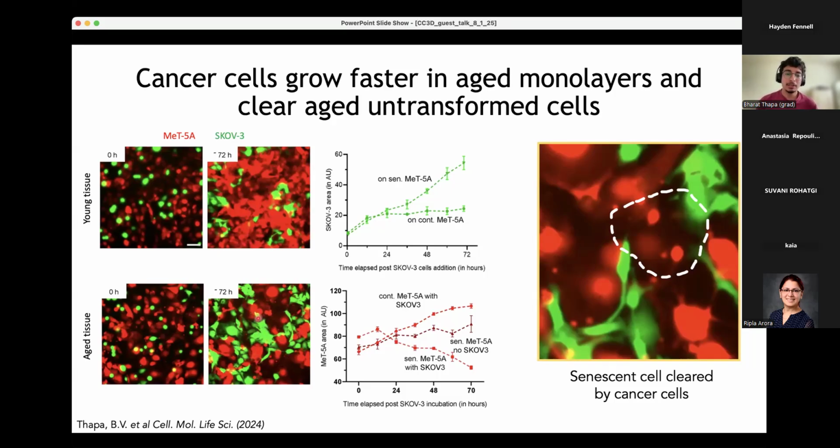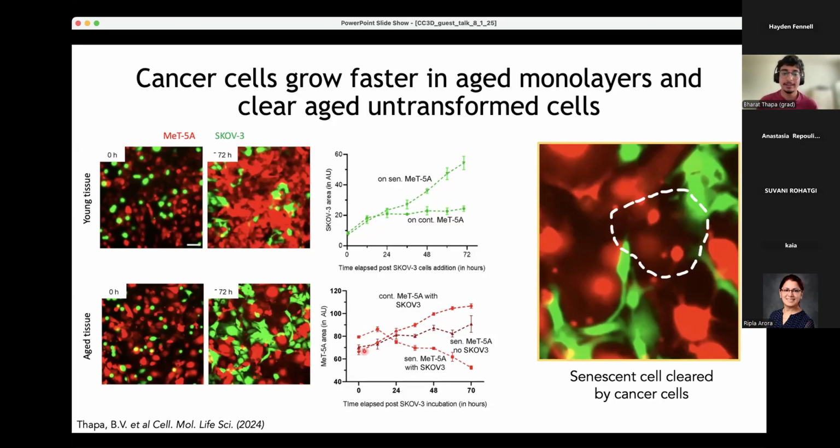More specifically, you also see this clearance of the red cells, the aged cells, which is shown here in the graphs. You can see control here means the young. On the young MET5A, cancer proliferates to this extent and is kind of stabilizing at that. While on the senescent or the aged tissue, you can see the cancer growth is way higher, and it's almost constant at that rate.